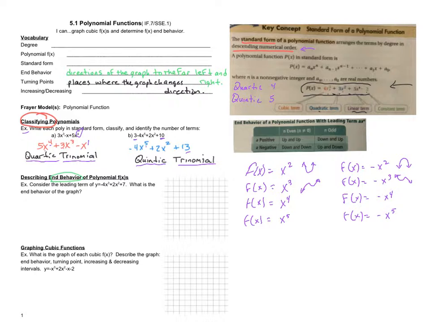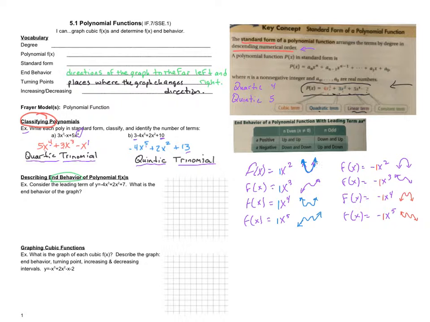As we look at these functions, I have this x squared. My a value is positive, and I have an end behavior of up, up. We are talking about the directions of the graph to the far left and to the far right. As this function goes to the far left, it is going upward.